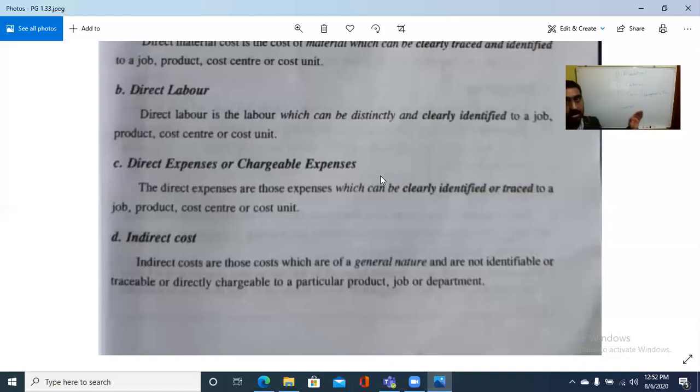Then research and development. After it reaches the consumer, we need to conduct some research also, and based on the research, whatever development is to be undertaken, that is the research and development cost. So that is as per the functions performed. Next is the variability.